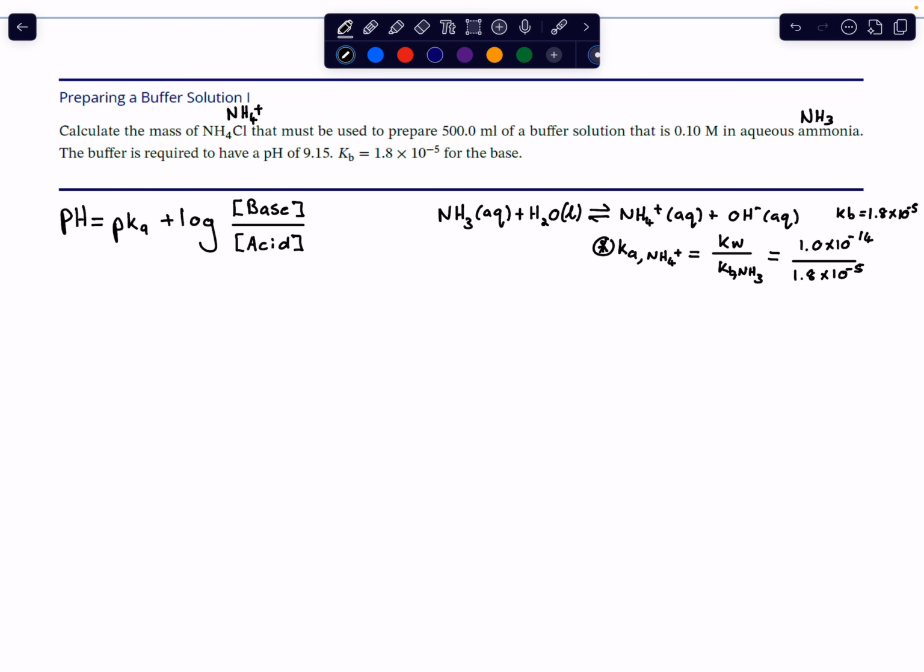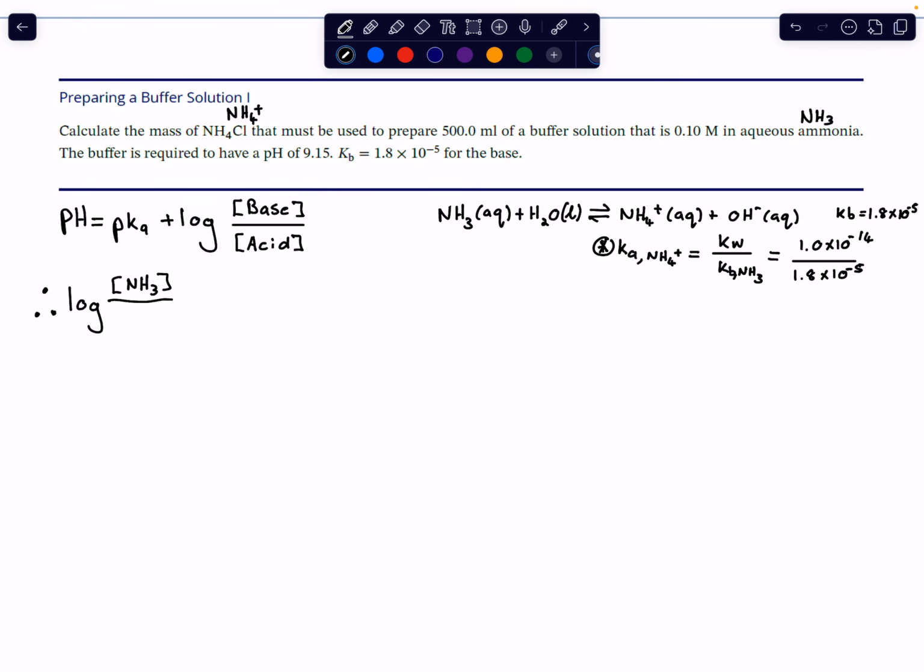So we're given the pH, then we have the pKa, we have the concentration of the base, so we can solve for what the concentration of the acid will need to be. So let's go ahead and solve this equation systematically. I'm first going to solve for the log of the concentration of base over acid, and our base, remember in this case, is NH3.